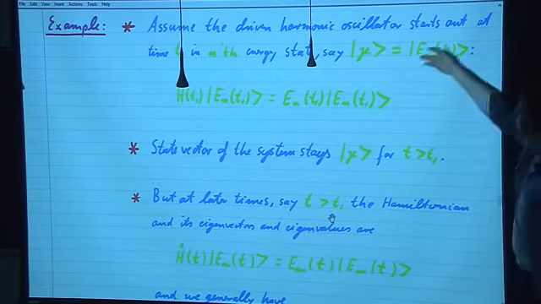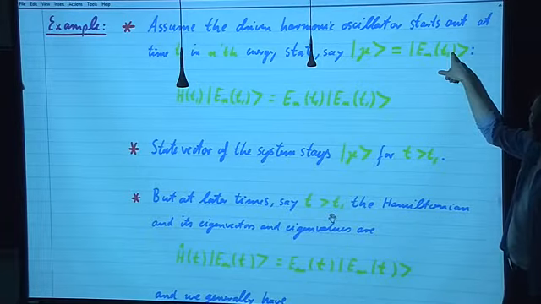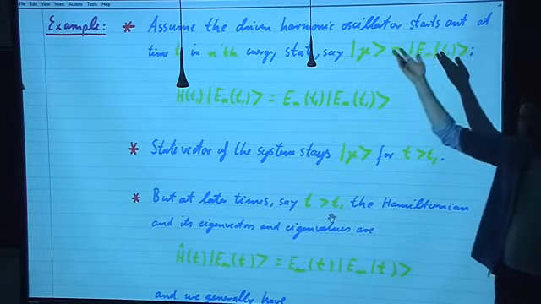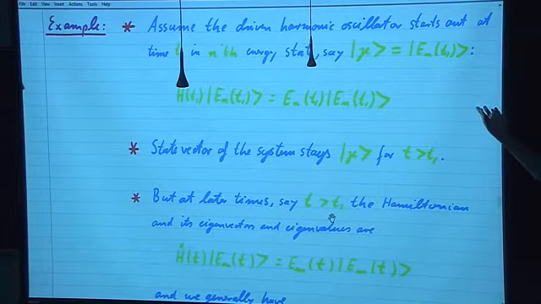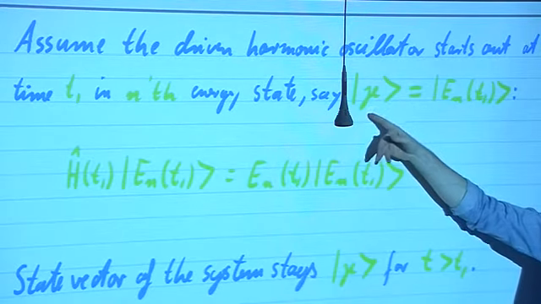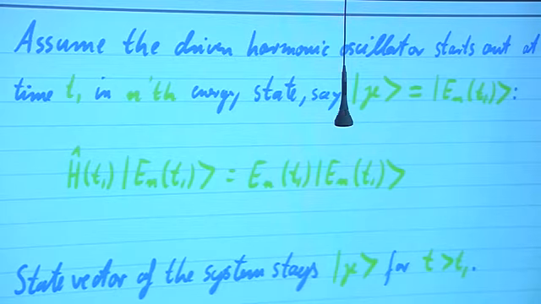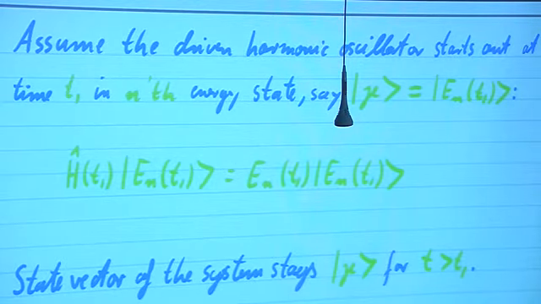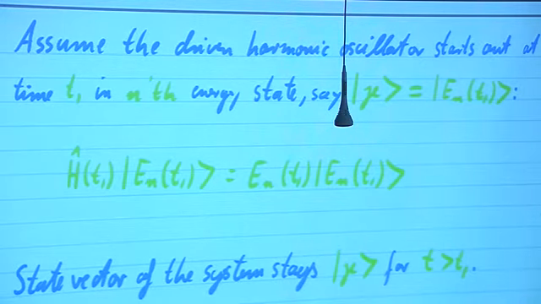And which one is it? Well, it's the one which is the nth eigenstate at time t1. Remember that later in time, the Hamiltonian may be different, and its nth eigenstate may be a different Hilbert space vector. But never mind, our system is still in the state gamma. So we prepared it in that state, and then the Hamiltonian can go and do whatever it wants. But the Hilbert space vector that describes the state of our system is frozen to be gamma by construction.